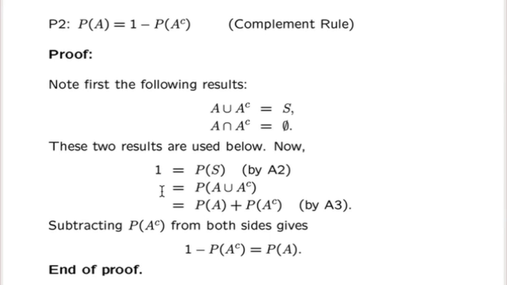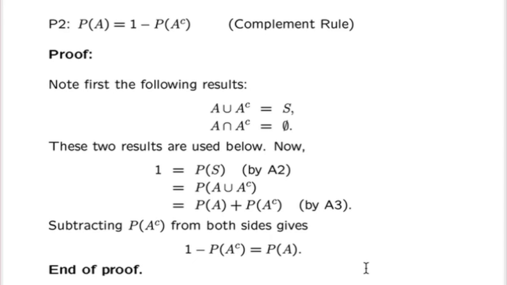And if I want, I can subtract the probability of A complement from both sides to get the representation I've got up here. That would lead me to the conclusion that the probability of A is equal to 1 minus the probability of A complement. So we have our result. And again, all we've used here are axioms. We haven't used any other properties.